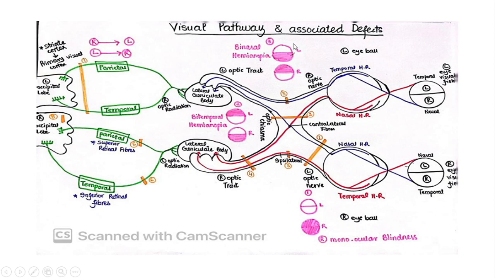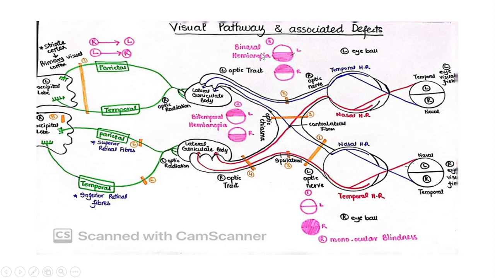So this is the left eye visual field and this is the right component, so I have shaded it here. And from the other side, if I trace it backward, this is coming from the left component of the right eye visual field. This is the right eye visual field and this is its left component. So I have shaded it here.